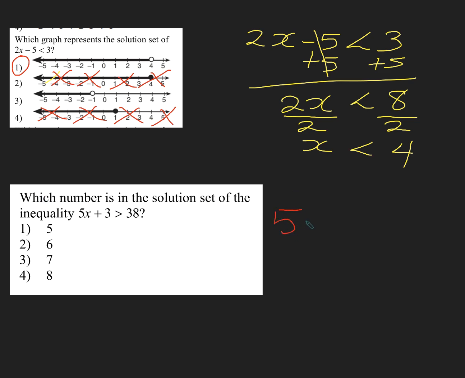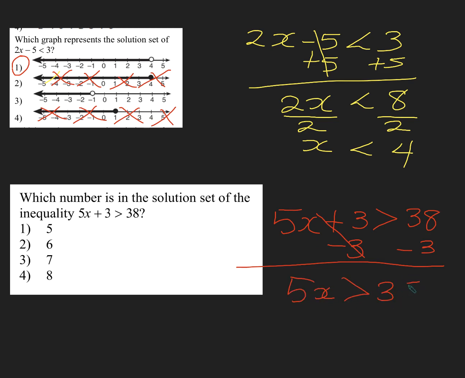The second problem states which number is in the solution set of the inequality. If we solve this, I have 5x plus 3 greater than 38. Solving for x, I'm going to subtract 3 from both sides. I get 5x is greater than 35. Solving for x, I divide both sides by 5. x is greater than 7.